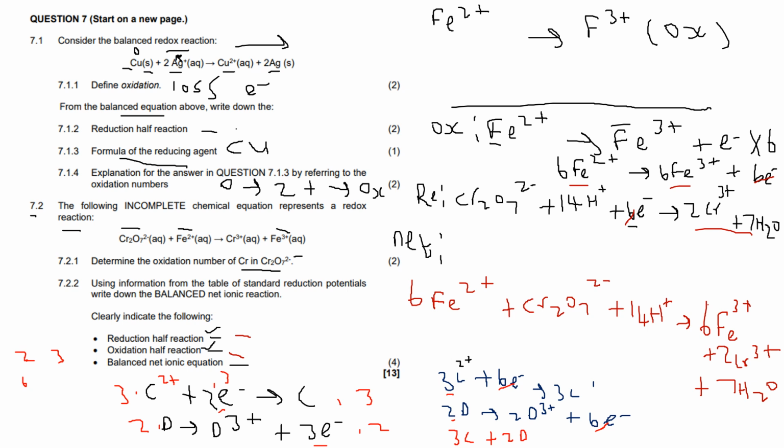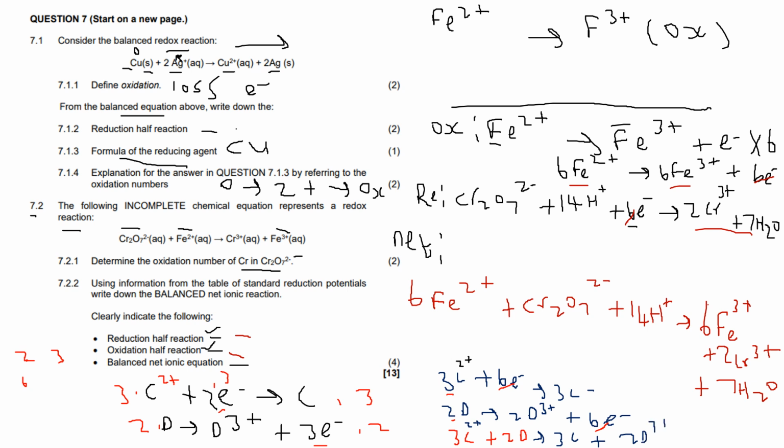So it will be 3Cu2+ plus 2D, and then that whole thing forms what's on the right, which is 3C from this one plus 2D3+. This will be your net reaction for that one.